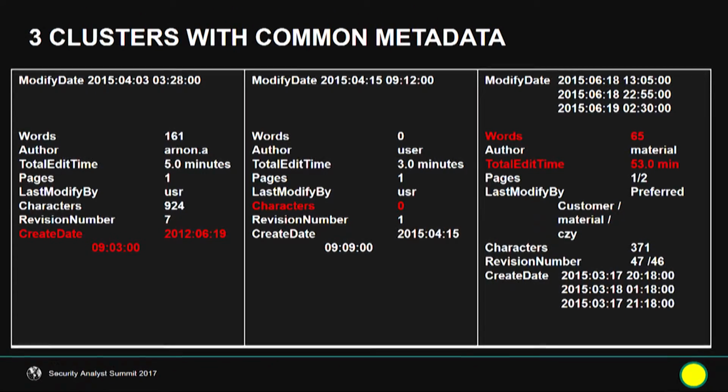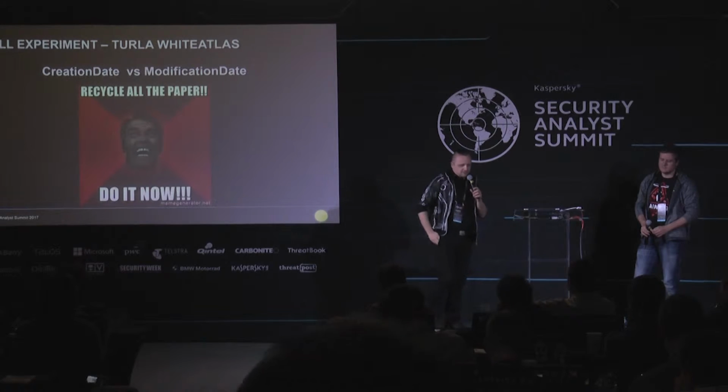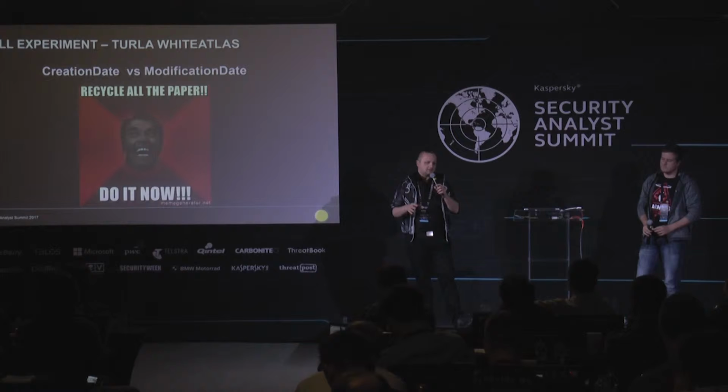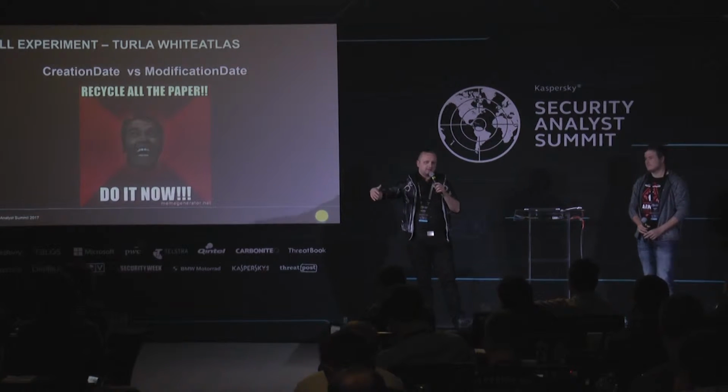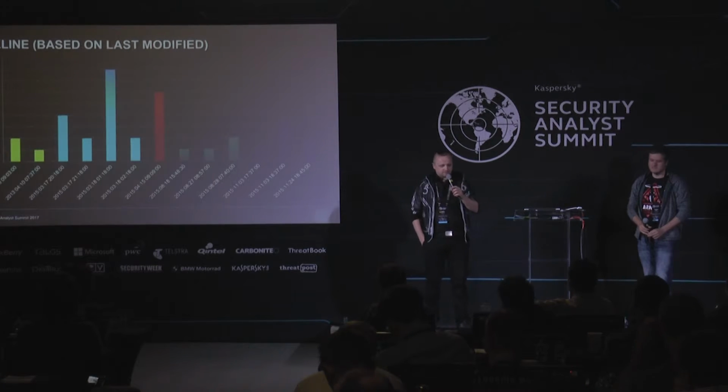You see here in red some interesting anomalies, like 65 words written in nearly 1 hour, which is kind of strange. Especially interesting is the difference between creation date and modification date, because it seems they are using some kind of template and reusing the same template multiple times. So it's always worth a look.